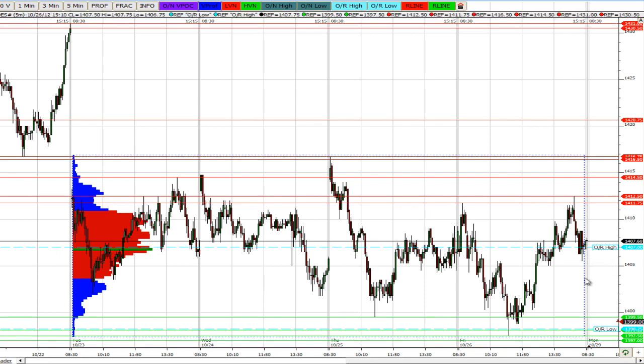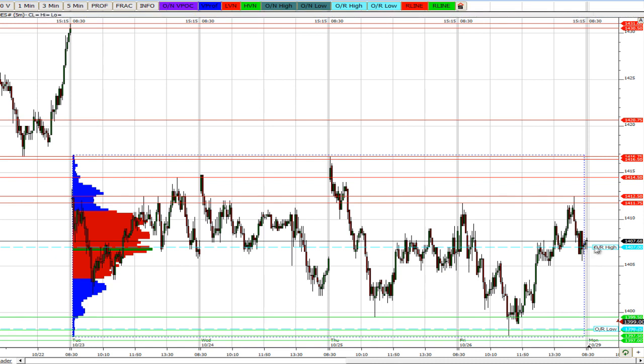But assume this action didn't happen in the overnight session when we were still somewhere here, like in 1407 or so. Well, if that were the case and we were still trading within this range, it wouldn't be resistance or support in and of itself because we're still within it. We haven't moved away from it to then retest it.